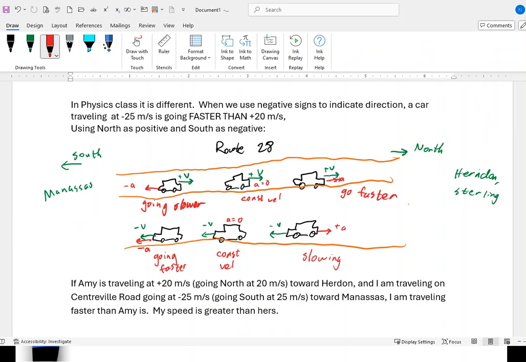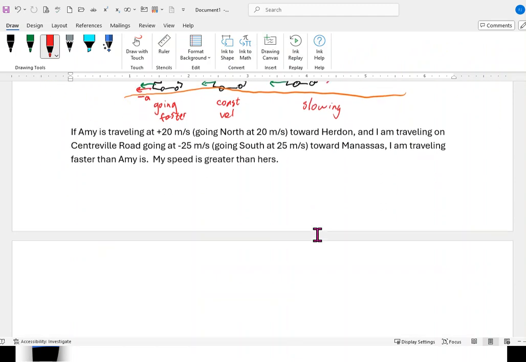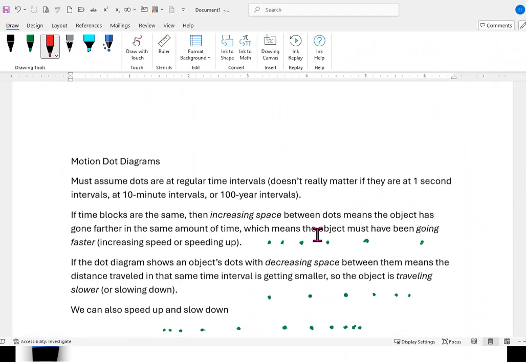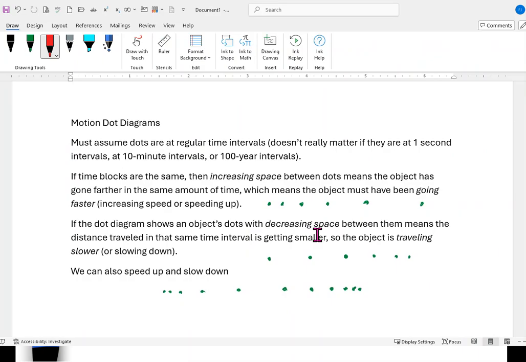So let's go ahead and pop this up. And scroll. So motion dot diagrams. Imagine you are at a party. You got the music playing. You're getting your physics groove on, and you've got your cup of punch.